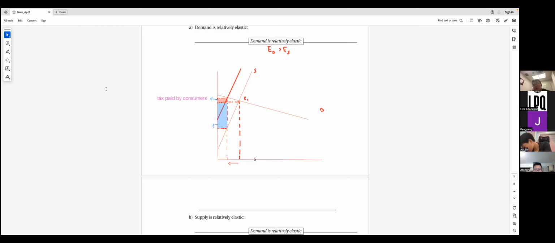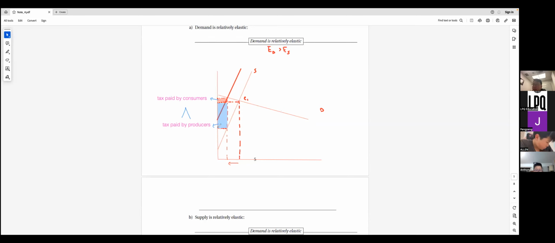This one is tax paid by producer. So guess which one is bigger? The red area is bigger or the blue area is bigger? The blue area is bigger, for sure.